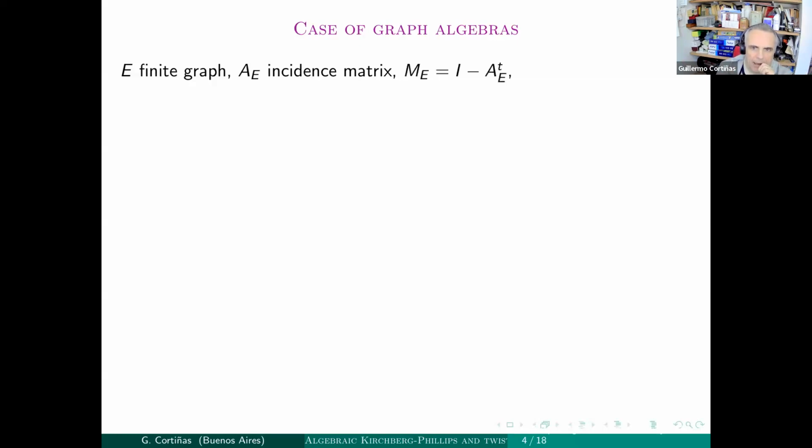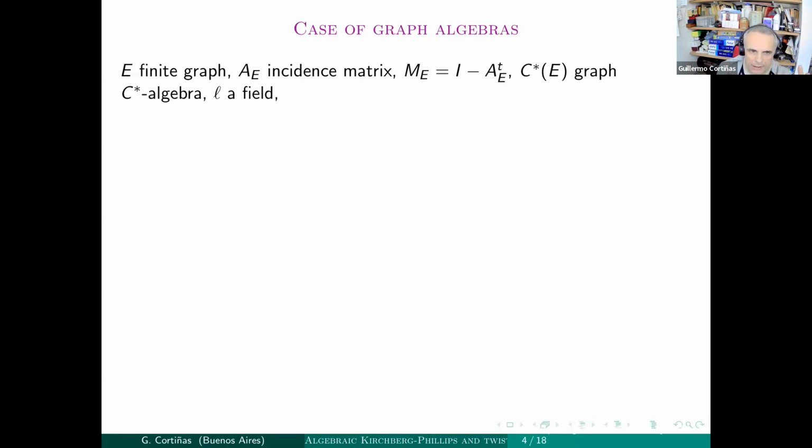And then I take the I, which is the identity if the matrix is square, and otherwise is the identity with the rows corresponding, or the columns in this case, because I transposed A, the columns corresponding to the things removed.